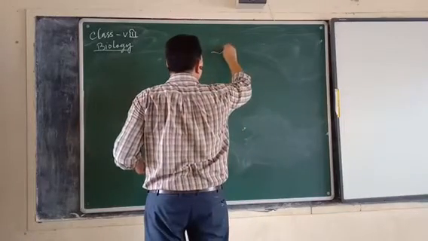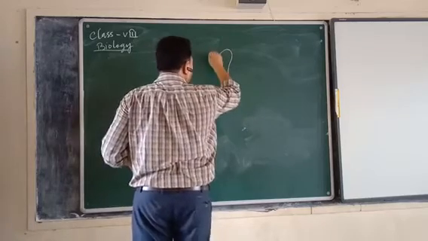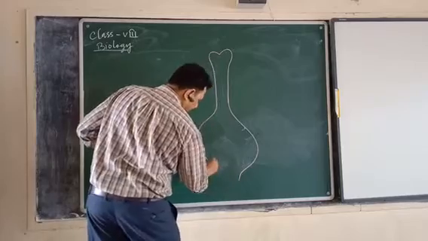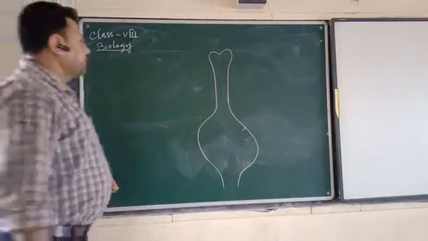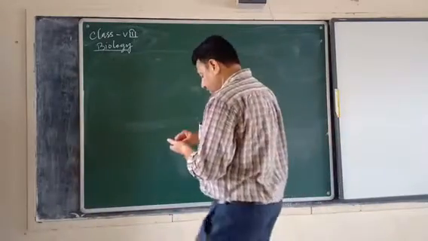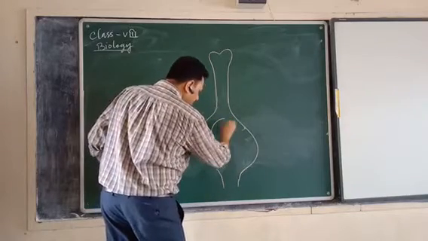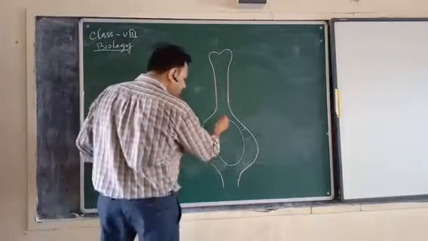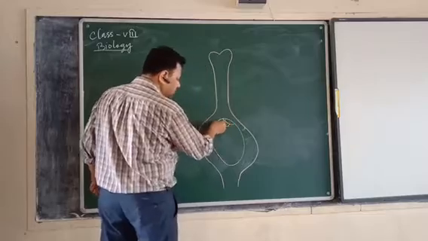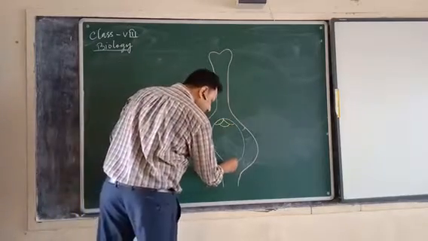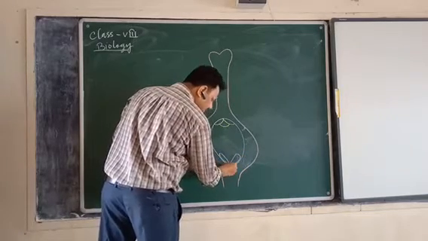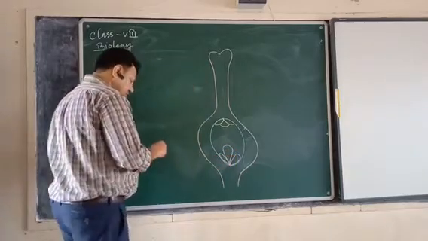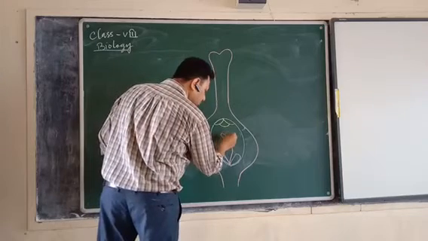You can see the female part, in which this is going to be the embryo sac, in which three cells will be there, and two cells.